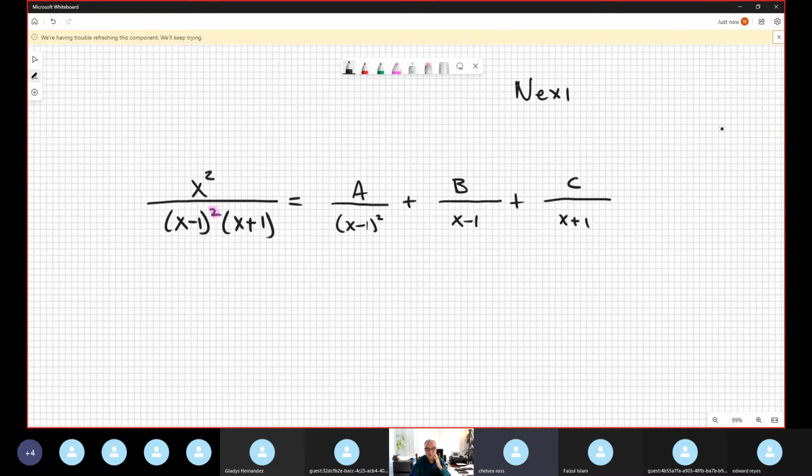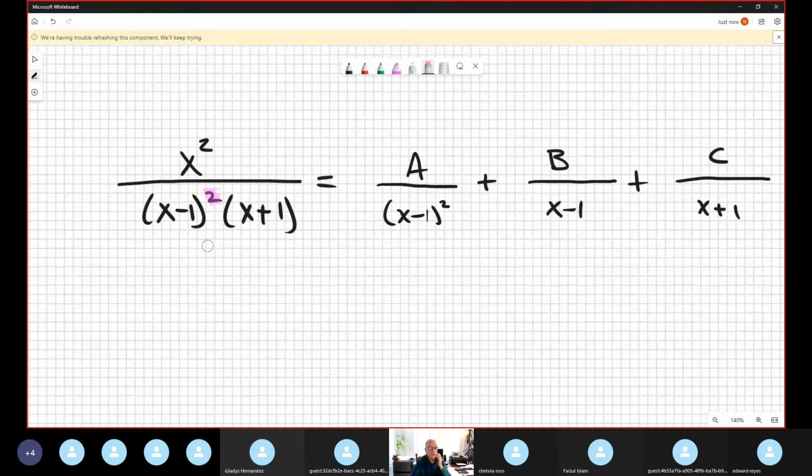Professor, I have a question. Go ahead. Why do you have a square at the first one? Yeah. Our example has a square. That is the reason I put a square. This is the given problem.